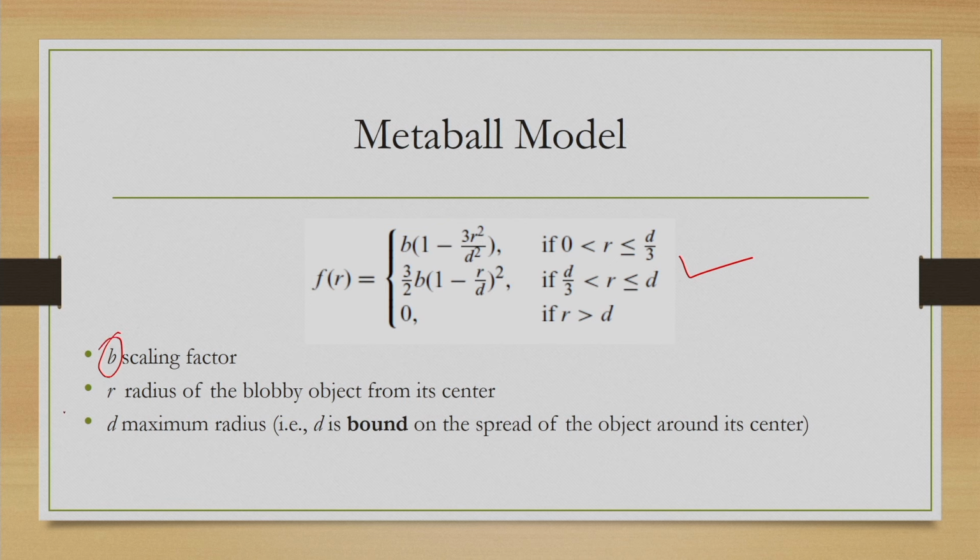B is the scaling factor, R is the radius of the object, and D is the maximum radius. D is the bound on the spread of the object around its center. So, how far the object can spread around the center is specified by D. So, these three are the parameters using which we can define a blobby object in this metaball model.